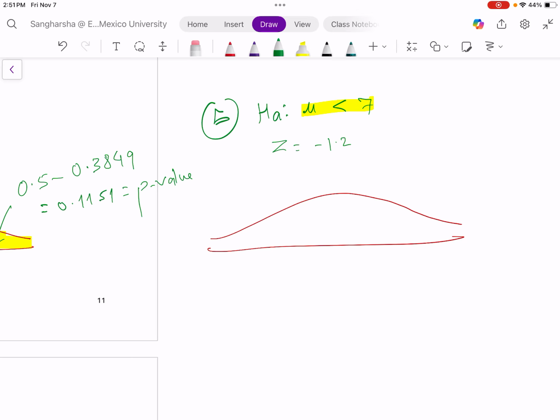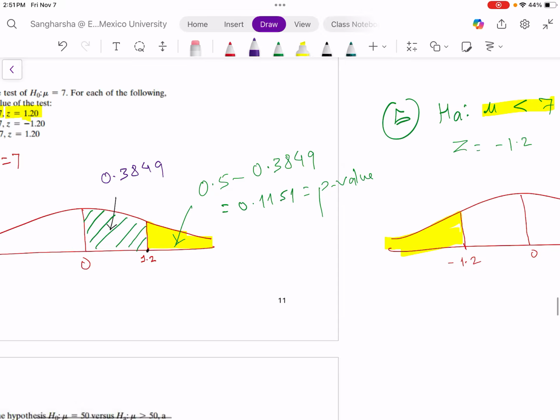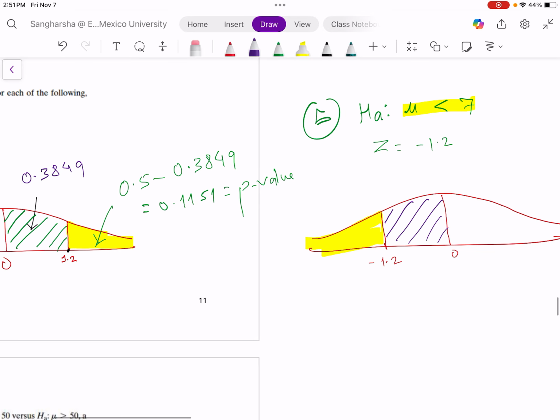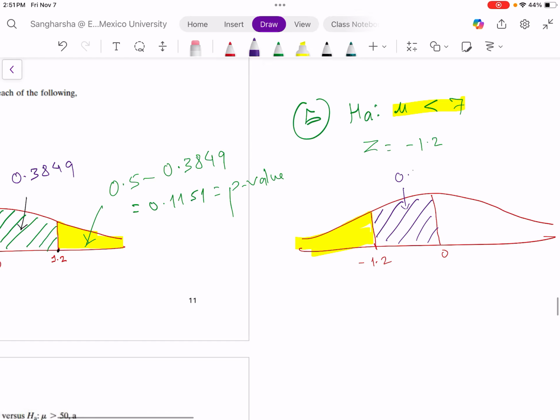Let's say this is negative 1.2, and this is the origin. The p-value will be the area on the left of this negative 1.2. Like in part A, this area would also be 0.5 minus 0.3849, which is 0.1151. This is the p-value.